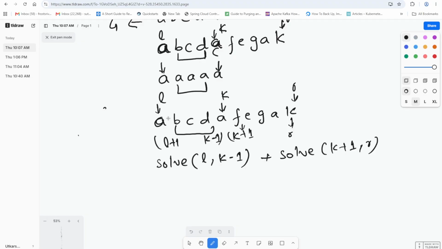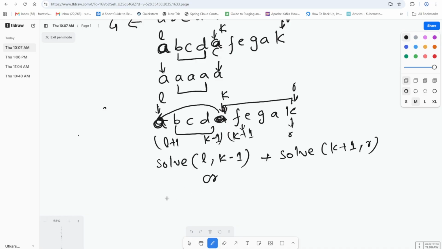If we see here, this A is getting printed with this A only, so we did not need to print it again here separately. This A will be printed with this A only.